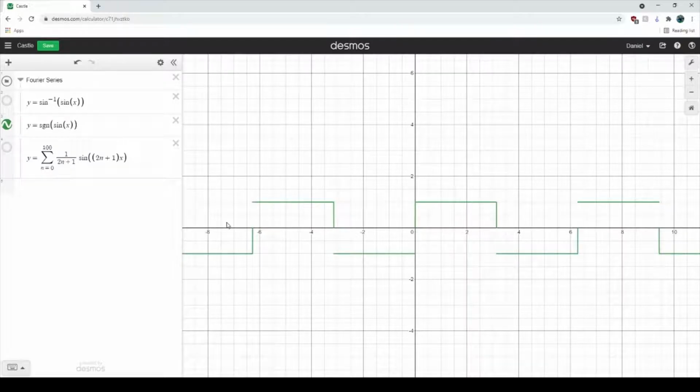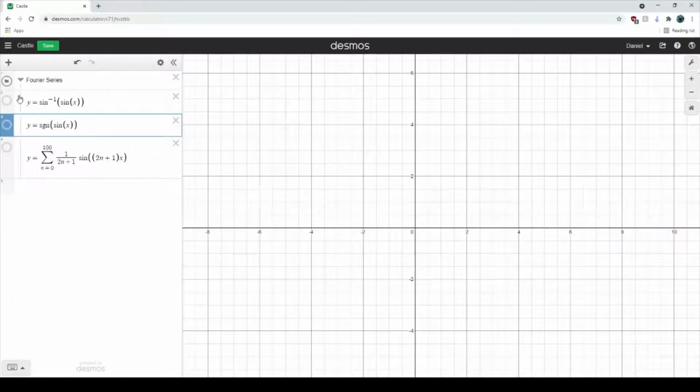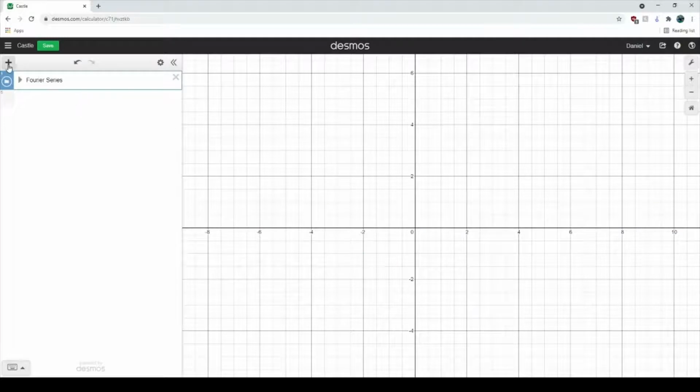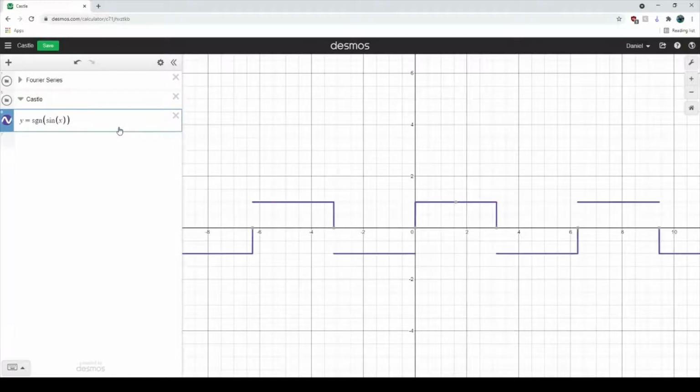I'll keep moving so you can get a better idea of what I'm talking about. Now I'm going to copy this equation because it's the one that I'm going to use, and now we can collapse this and make a new folder where we put all the functions that we want to use, and I want to paste it in here.